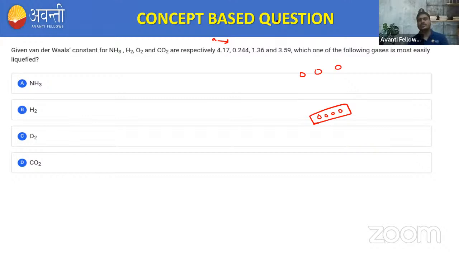NH3. गुड. NH3 इज द करेक्ट वन, राइट. सिर्फ एक बच्चे ने रिप्लाई किया ओनली. ठीक है, बाकी सब बच्चों ने रिप्लाई नहीं किया.